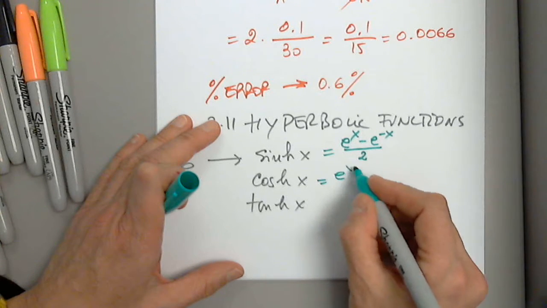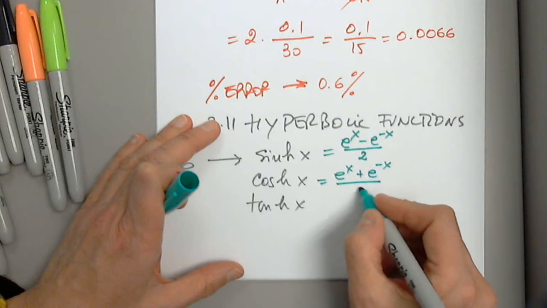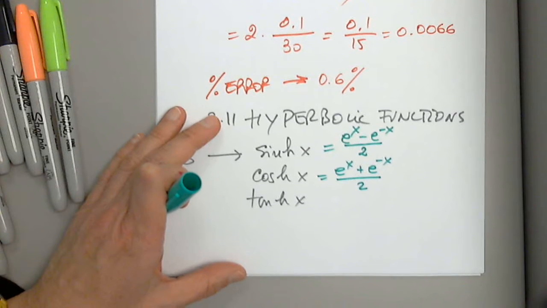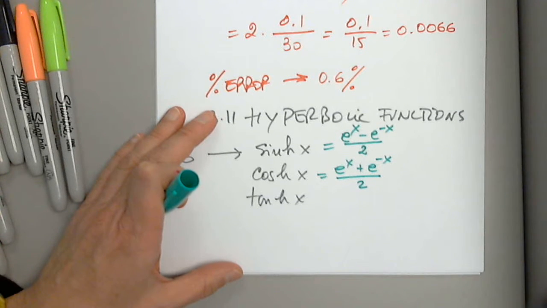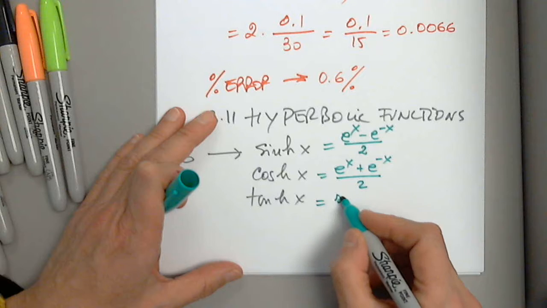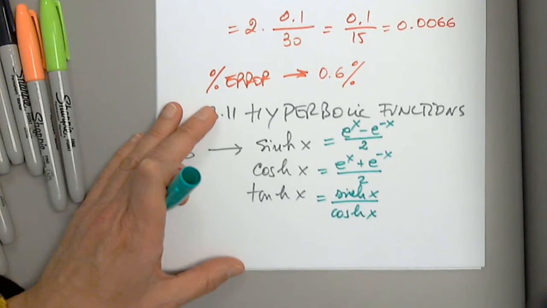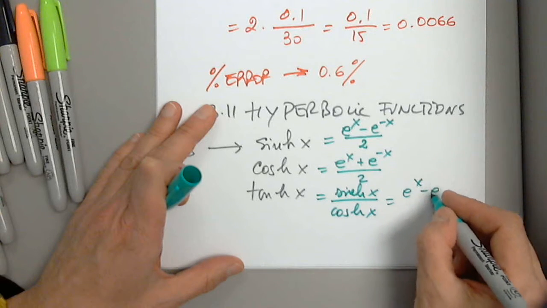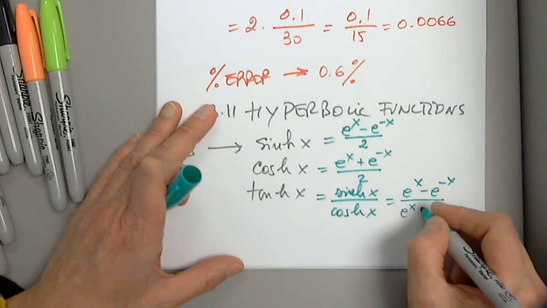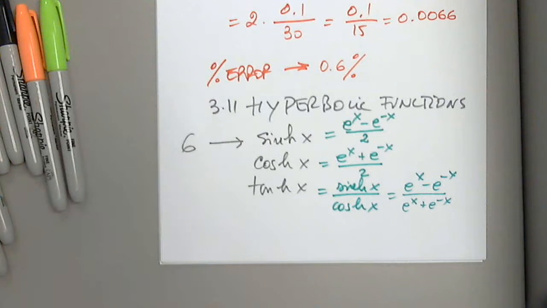The next one is the same but with plus. And hyperbolic tangent, of course, is hyperbolic sine over hyperbolic cosine, or e to the x minus e to negative x over e to the x plus e to negative x.